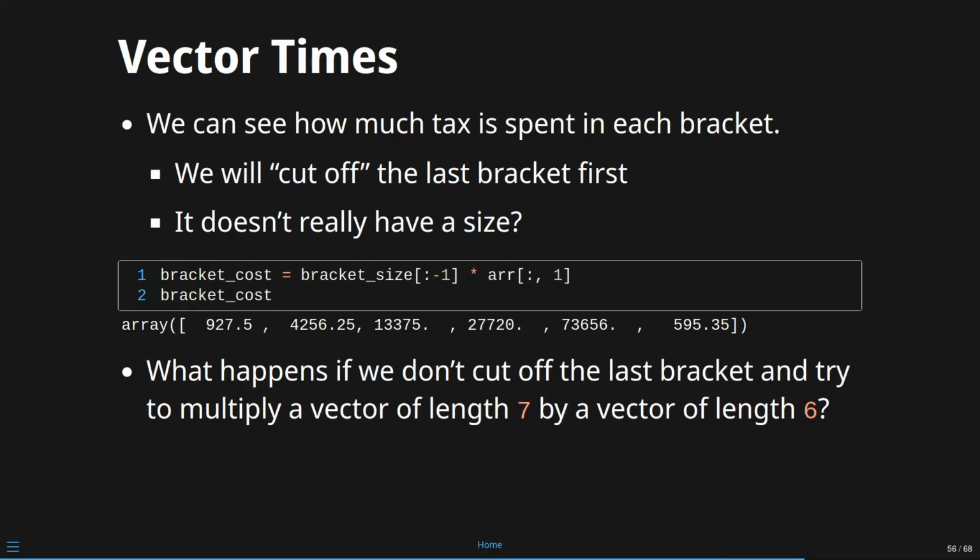So we're going to do vector multiplication here. We're going to see how much tax is spent within each bracket. And I'm going to get rid of the last bracket because it's of infinite size and it doesn't really make sense to study, right?